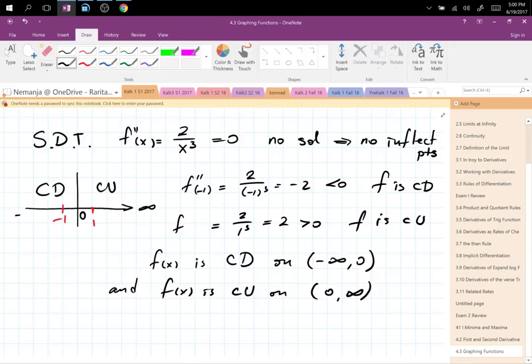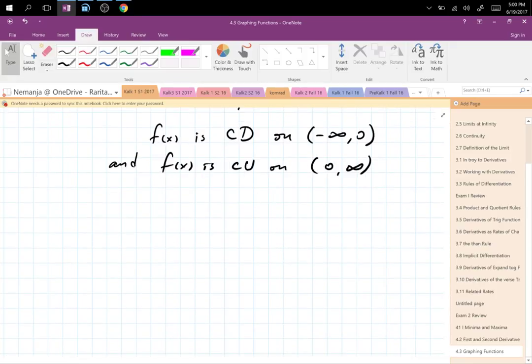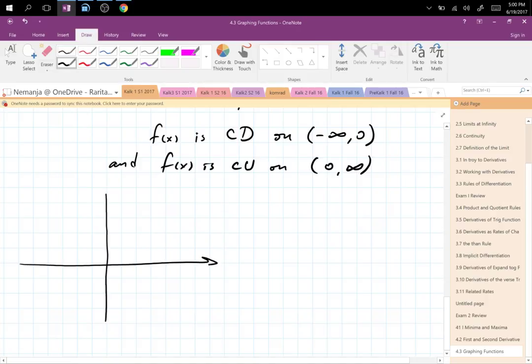Done. So now all that's left is for me to try and graph this with the information that I have. If I need more points, I can always compute them using whatever we learned in middle school. You plug in x and you find y's. So what do we have?